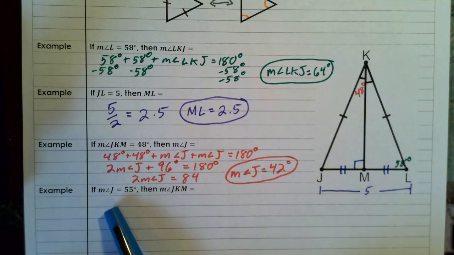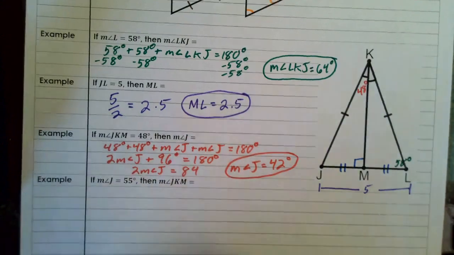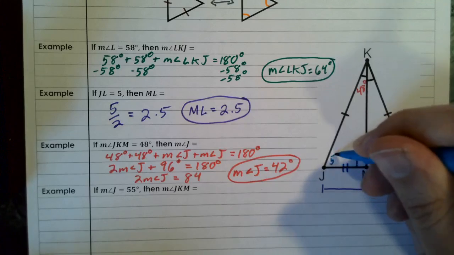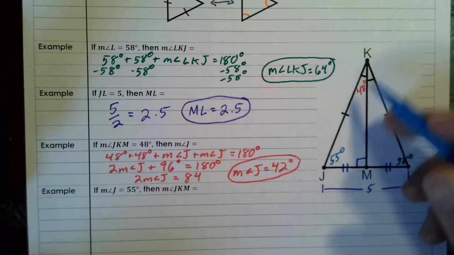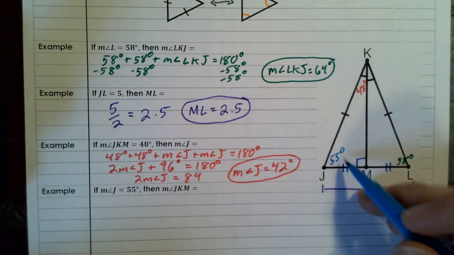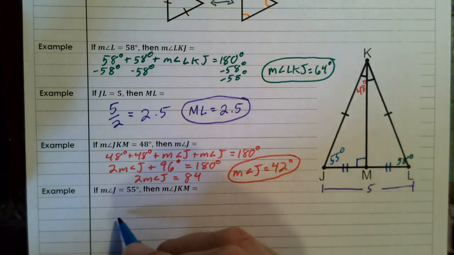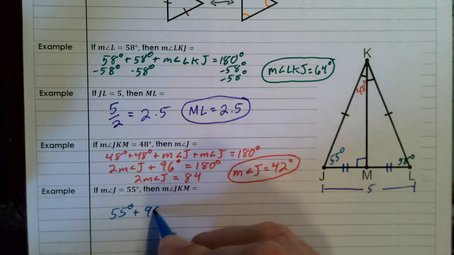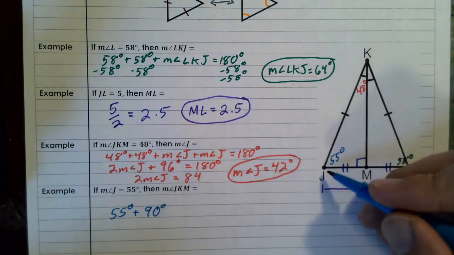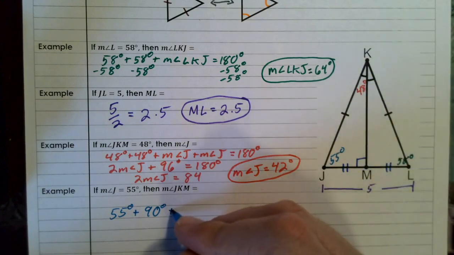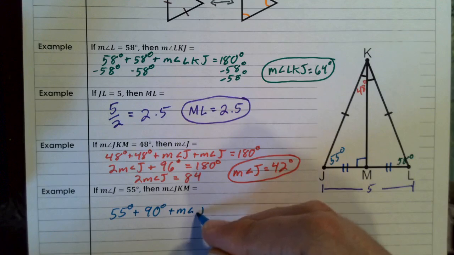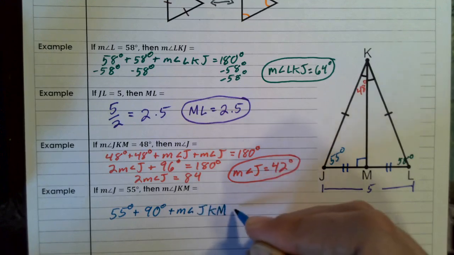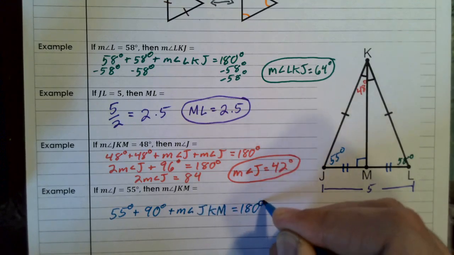Last one, if the measure of angle J is 55, JKM, let's use that trick this time. So if that's 55, we could say 55 degrees plus 90 degrees plus JKM. That's got to equal 180 degrees.